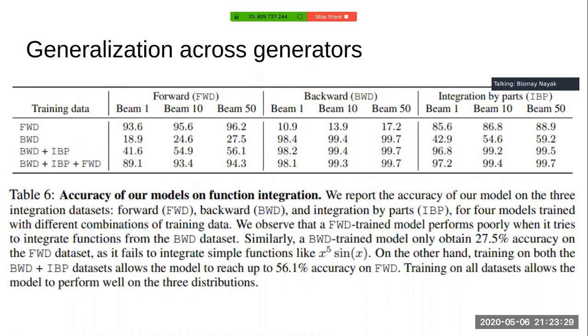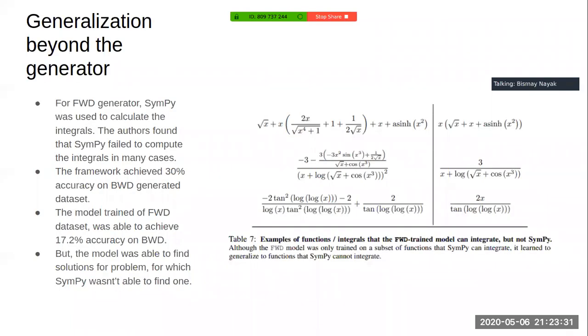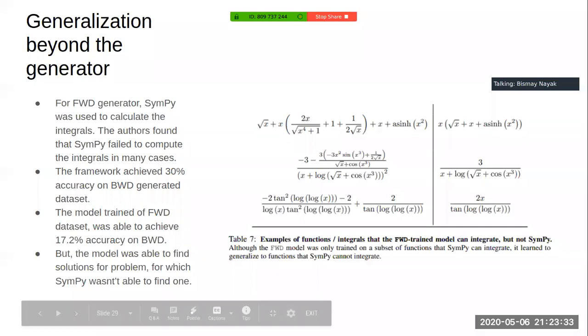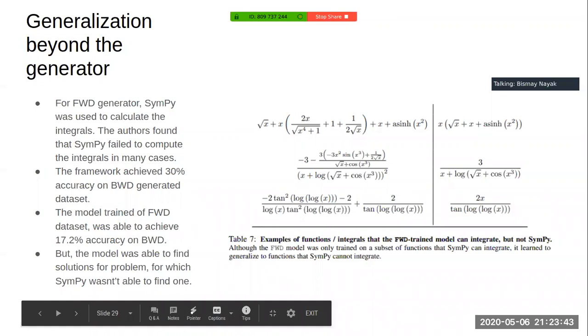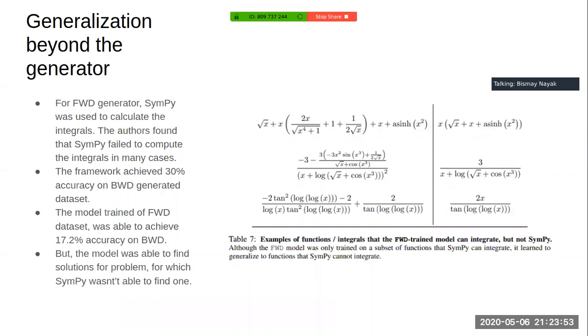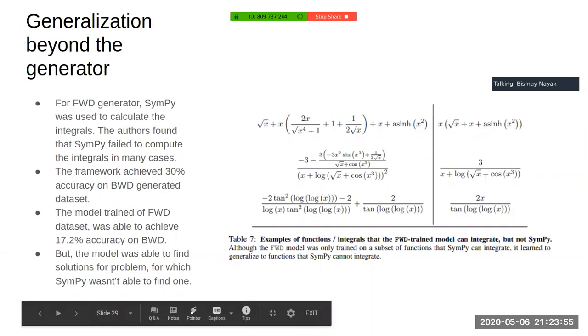You can see here. But an interesting thing happened: even though the data used to train our model was generated by SymPy, the model was able to find solutions for problems for which SymPy wasn't able to. These are a few problems for which SymPy wasn't able to find the solution, but a forward generated model was able to.